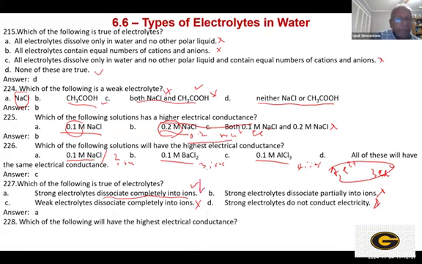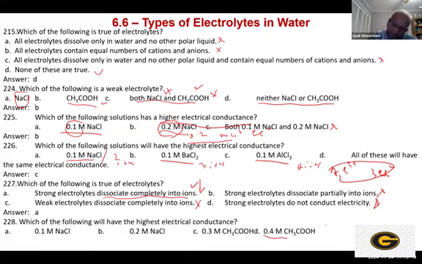Which of the following will have the highest electrical conductivity? If you look at this, this is the highest molarity, but this is a weak electrolyte. Therefore, it couldn't have the highest. There are few ions. This one is out. This is the weak electrolyte, therefore conductivity is lowest.